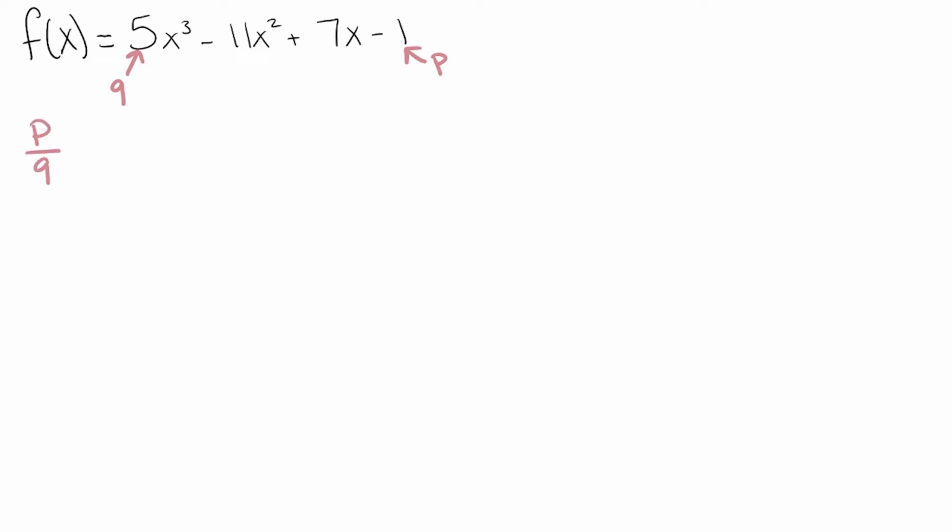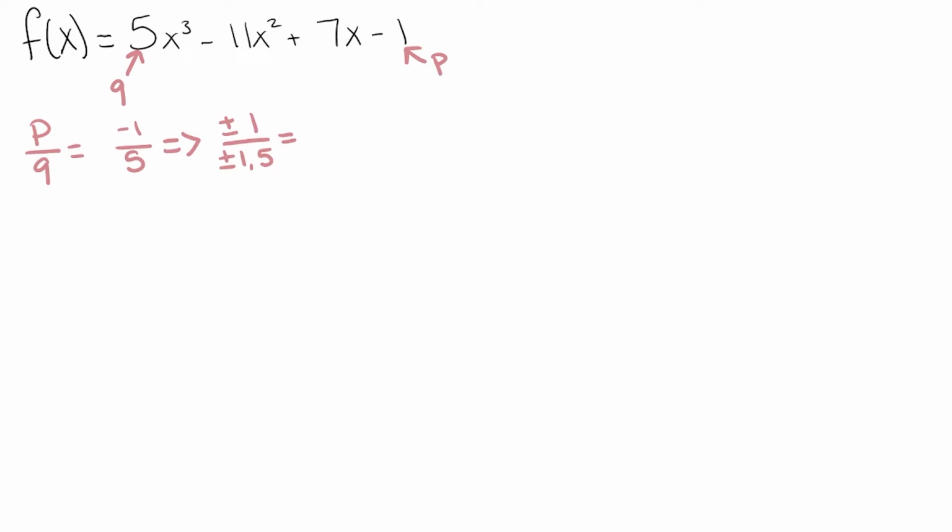So when we look at p over q, we're looking at -1 over 5, but that negative really doesn't matter because we want to consider all possible factors and the positive and negative values of those factors. So really, we have positive and negative 1 and positive and negative 1 and 5, because all of our factors of 5 are 1 and 5.